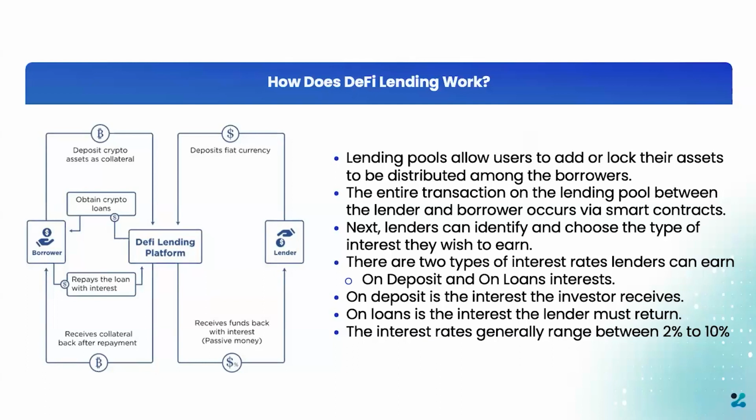So there is a limit which is defined that, hypothetically, if the value of Ether goes below $900 that you have put into the pool as collateral, then you need to deposit more Ether or return a portion of your loan to ensure that your collateralization ratio is maintained.